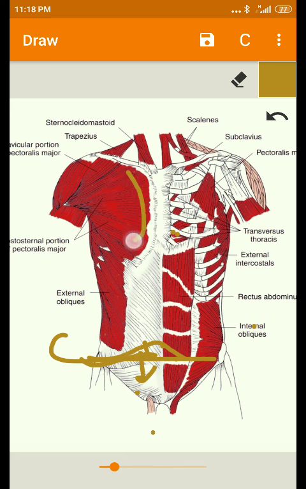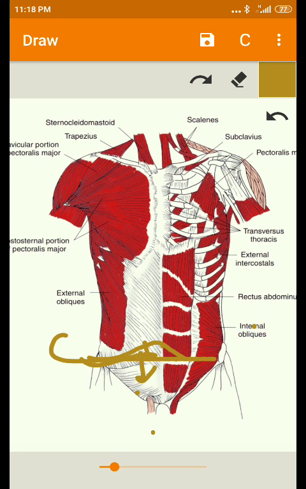The clavicular portion of the pectoralis major helps when arms are raised, and also the pectoralis minor muscle, which helps in the elevation of the third, fourth and fifth ribs during inspiration.